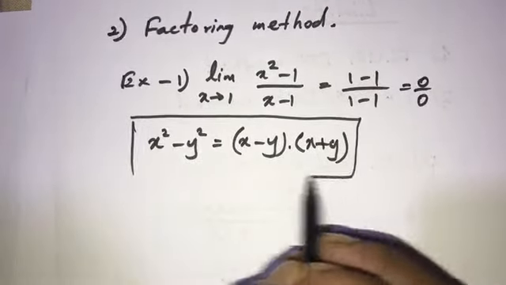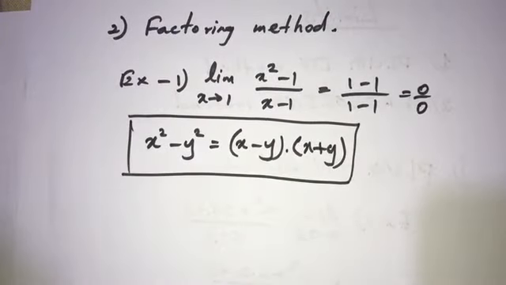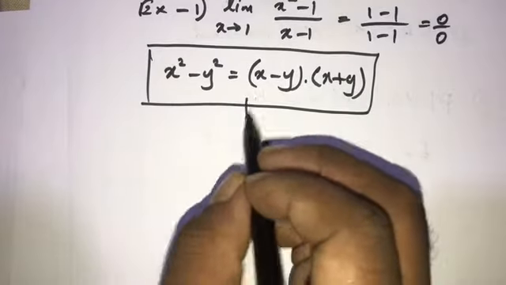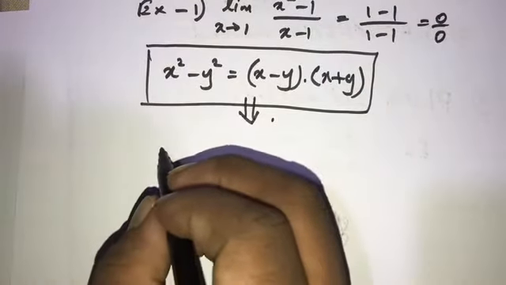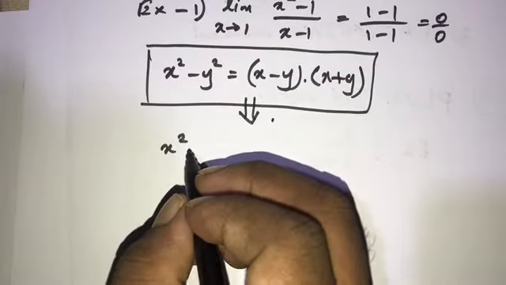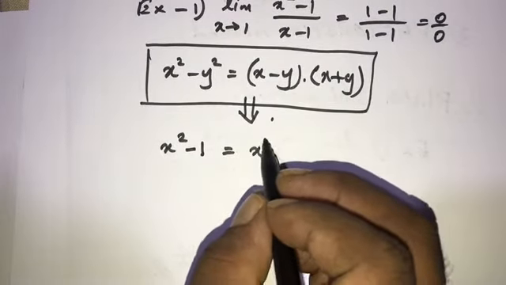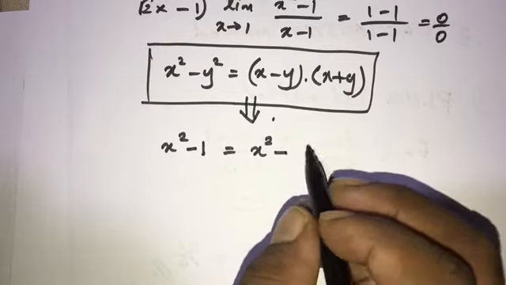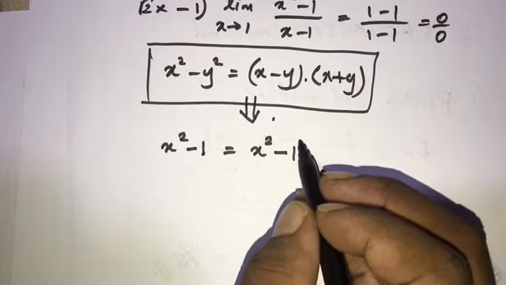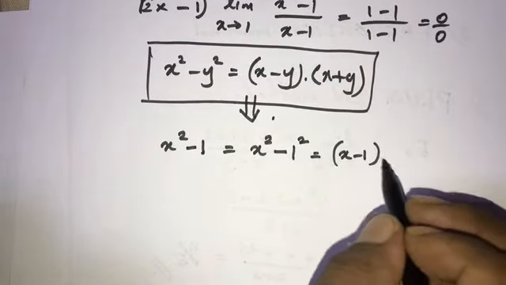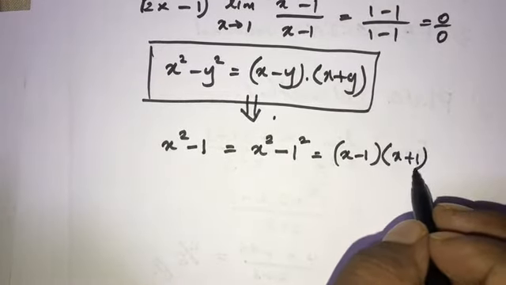So applying this formula, we can factor x squared minus 1, which is 1 squared, as x minus 1 times x plus 1.